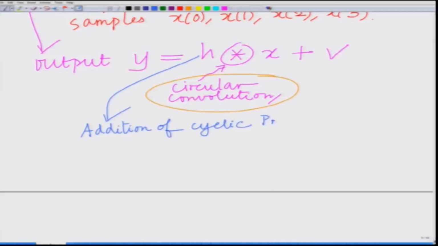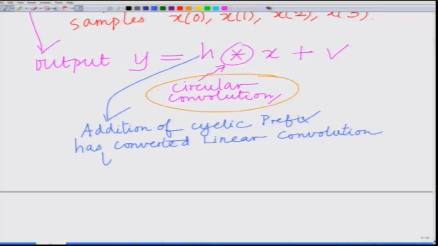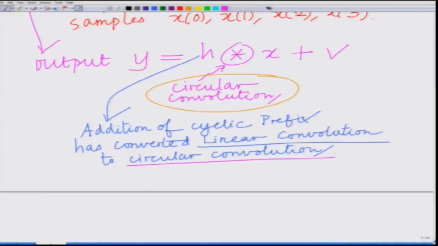Addition of the cyclic prefix has converted the linear convolution into a circular convolution, and that is the important part.